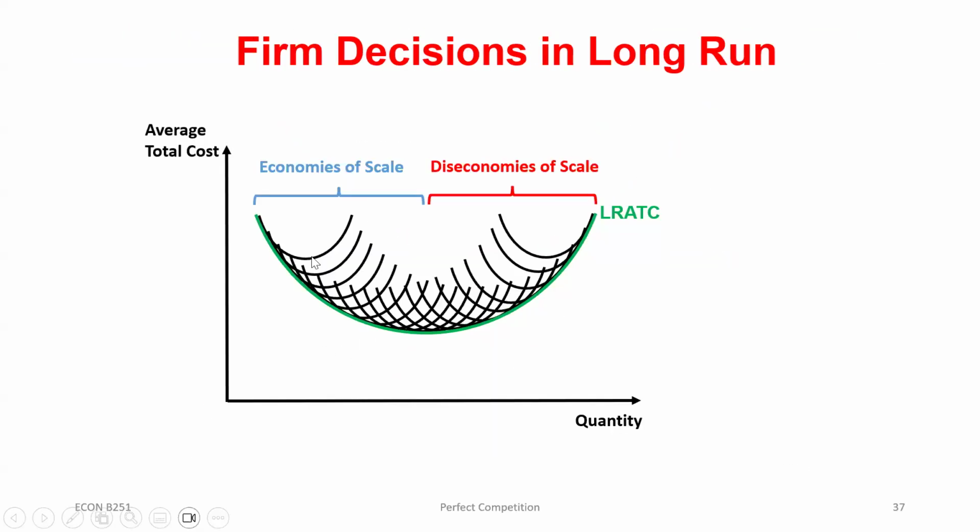So anytime I have this kind of economies of scale, I'm changing this fixed factor of production to lower my per unit costs. If I'm a company, is lowering my per unit cost a good thing? Yes, right? So as long as I'm on this economies of scale portion of the long run average total cost curve, I want to keep changing that fixed factor of production to move to these lower short run average total cost curves.